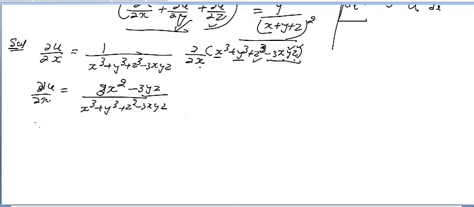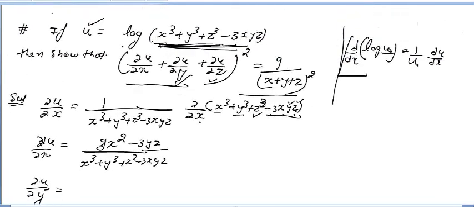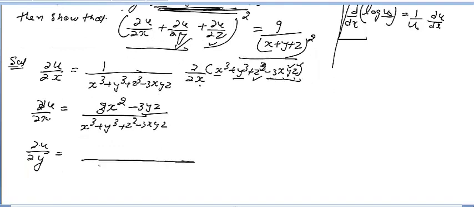Now we will find the derivative of u with respect to y. Now you can do it very easily, you can use a shortcut. Log u will be as it is, and this will be 1 over u, x cube plus y cube plus z cube minus 3xyz. And when you differentiate this again, derivative of x cube with respect to y will be 0. Derivative of y cube with respect to y will be 3y square.